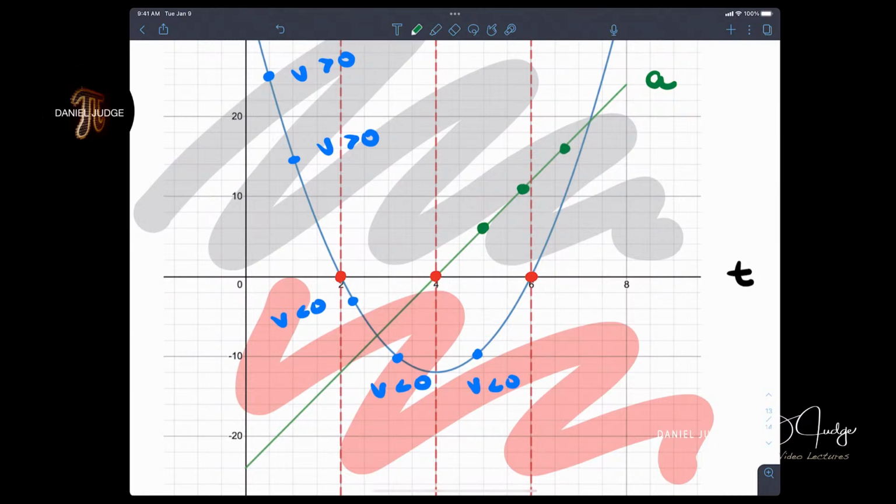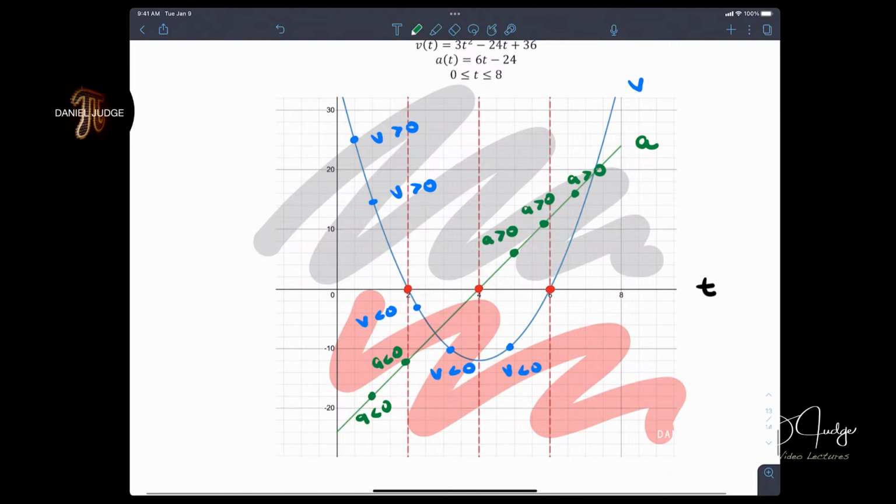Here, acceleration is above the t-axis, so your acceleration is positive. Any point below, acceleration is negative here. So I drew the same sort of boundaries here, as you guys can see, at 2, 4, and 6.